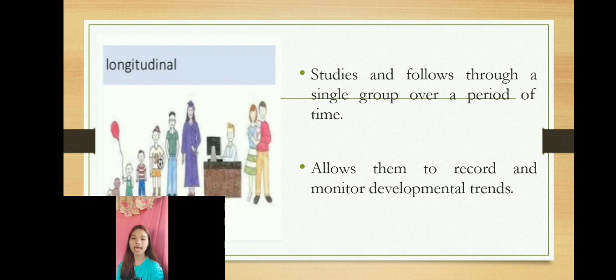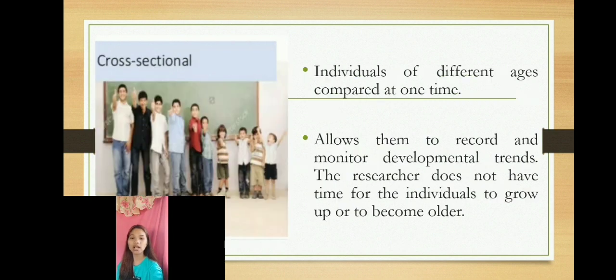The next is cross-sectional. Individuals of different ages are compared at one time. It allows them to record and monitor developmental trends, and the researcher does not have to wait for the individuals to grow up to become older.